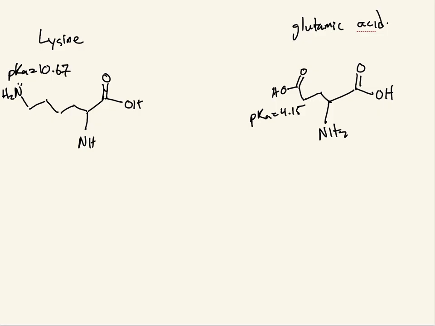Yeah, it's the same thing. It's just I haven't drawn the charge on it. I'm guessing that they have the neutral pH charges already drawn on the side groups here. So you're never going to protonate an already protonated amine group.